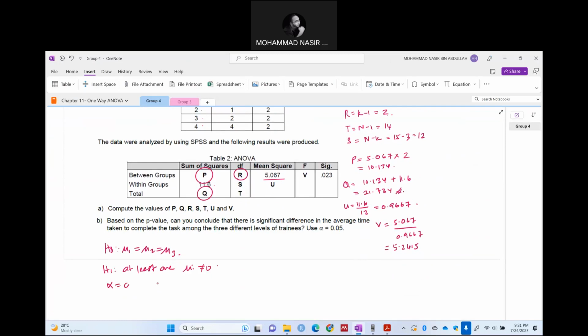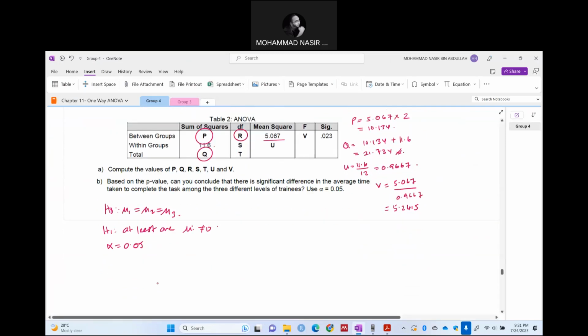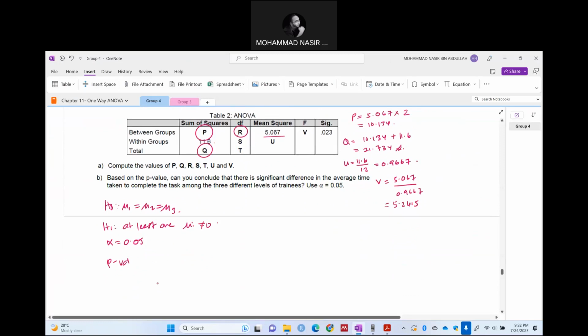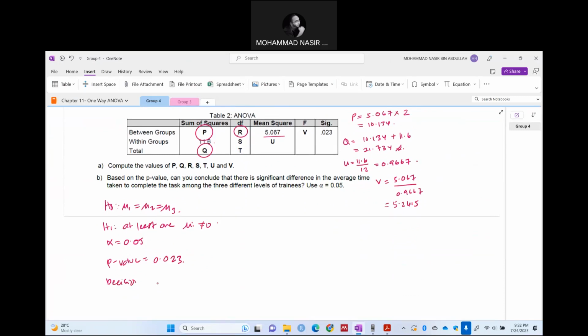We use alpha 0.05. The p-value is 0.023. Our decision, since p-value is less than alpha, null hypothesis is rejected. So since we reject null hypothesis, our conclusion will be there is a significant difference.